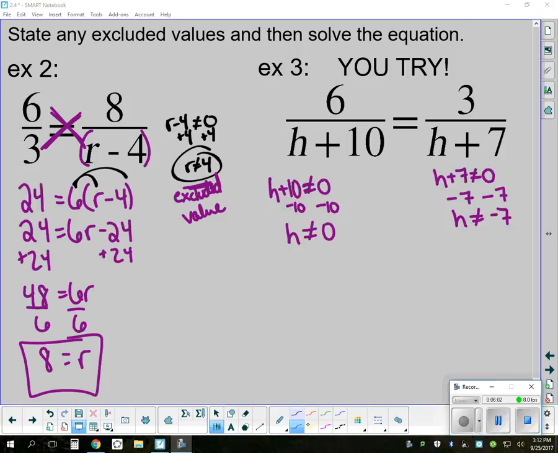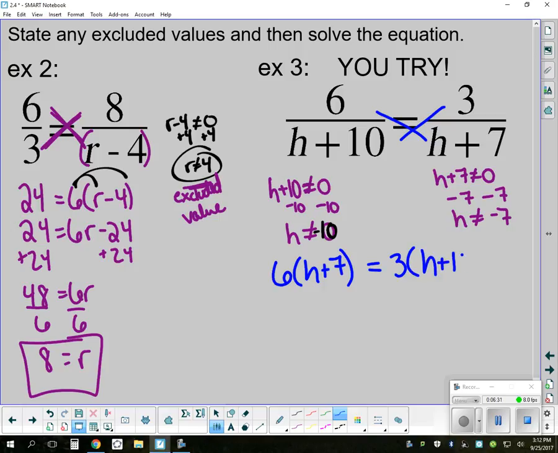Okay, so far I've just done my excluded values. I have two of them in this case because I have two different denominators with h's in them. H cannot equal -10, and h cannot equal -7. Then for the solving, I would be cross multiplying again. I have 6 times the quantity h plus 7, and on the other one, 3 times the quantity h plus 10.